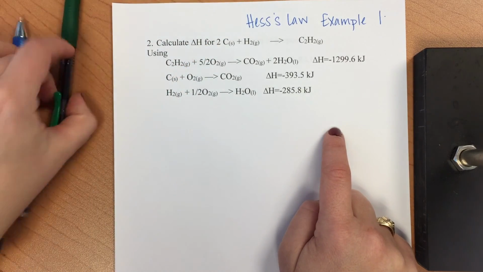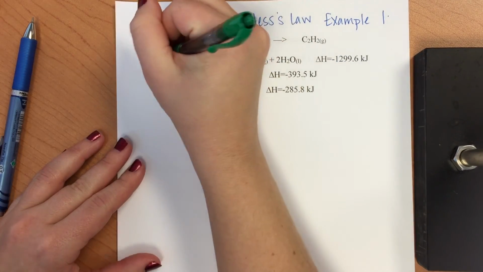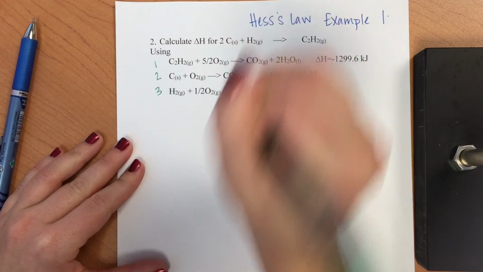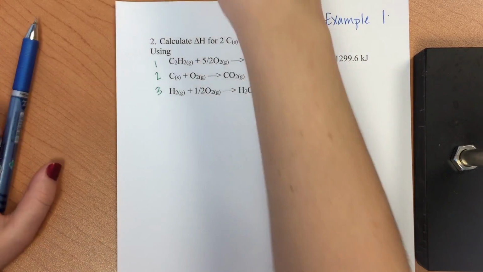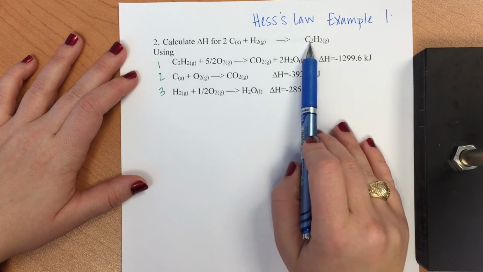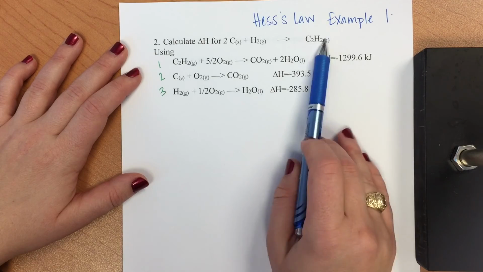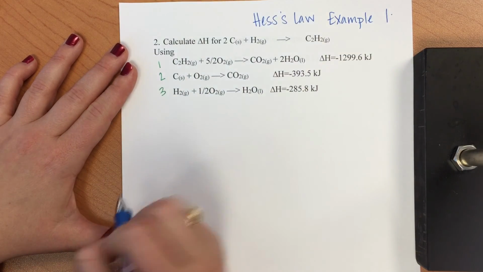So the first thing I'm going to do to make it clear is label these equations 1, 2, and 3. You could label them in any way you like, but this allows you to track this information. Okay, so the first thing I like to do is, if we know that this is the product and we see that the product is on the reactant side for equation 1, we're going to flip equation number 1.